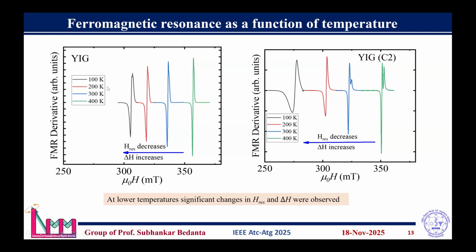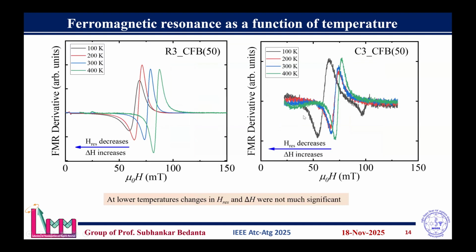However, comparing the single layer YIG to the bilayer sample of YIG grown with CFB, the decrease in the resonance field is very sharp, and the delta H also increases quite sharply compared to the single layer sample. The same behavior was seen for the single layer of CFB, but the shift is not as prominent as for the YIG. So you may think of a point where the CFB may come close to the YIG signal, and there could be a coupling between these systems around this.